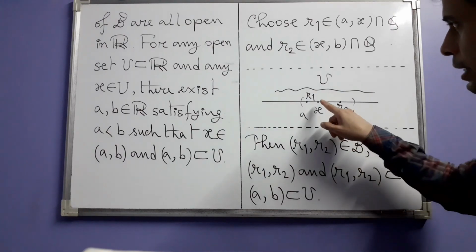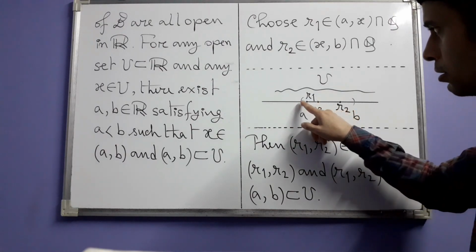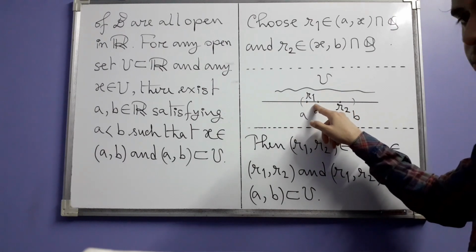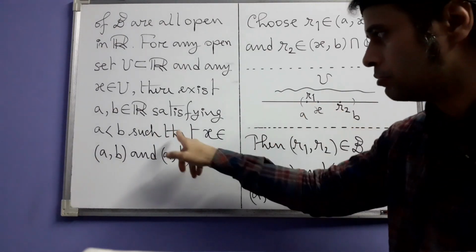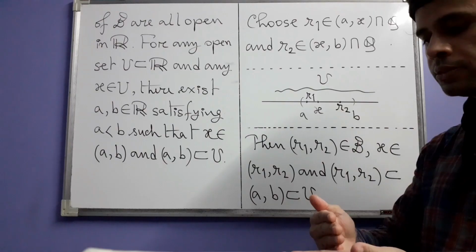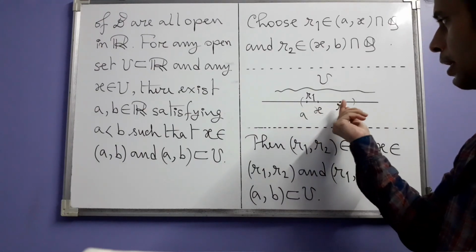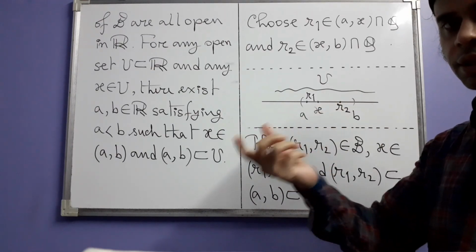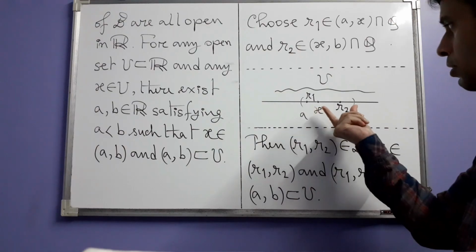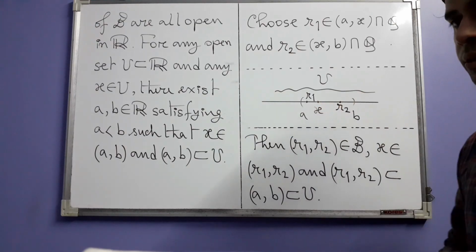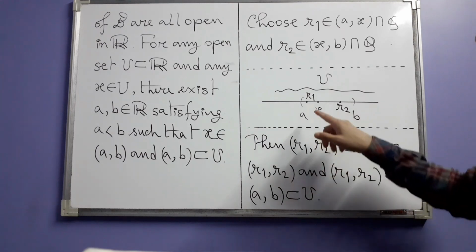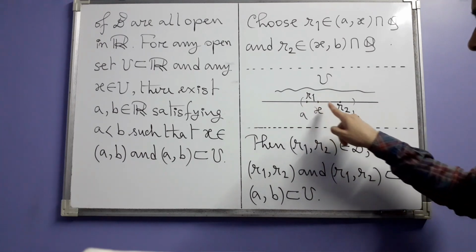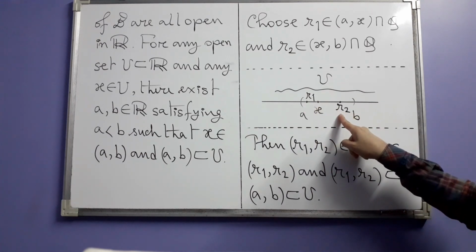So then you see that there is a little room between a and x. Actually, because x belongs to a, b, obviously x is greater than a and less than b, so there will be room between x and a and also between x and b. So these rooms will have rational numbers. So we have chosen one rational R1 here and another one R2 here.